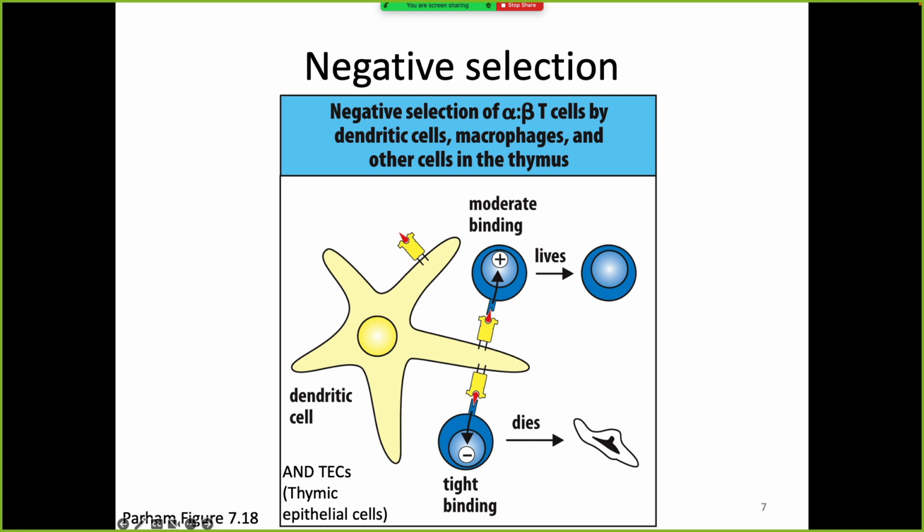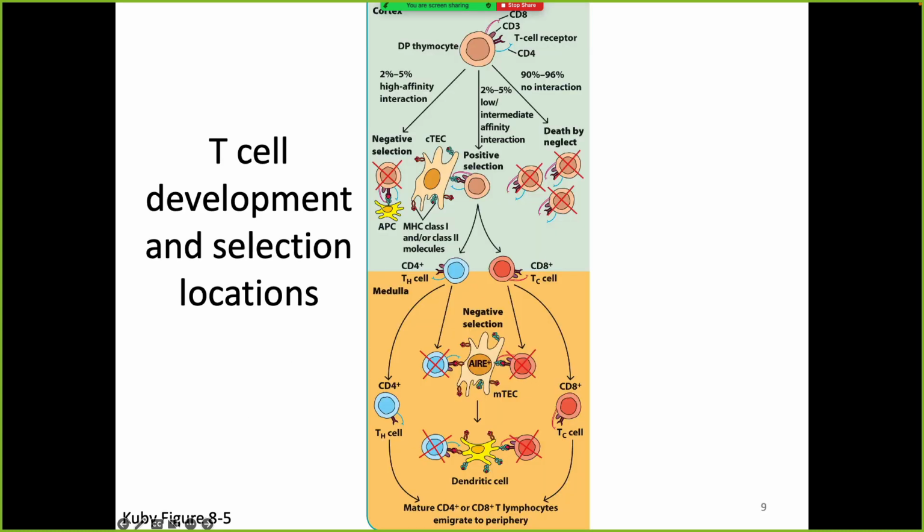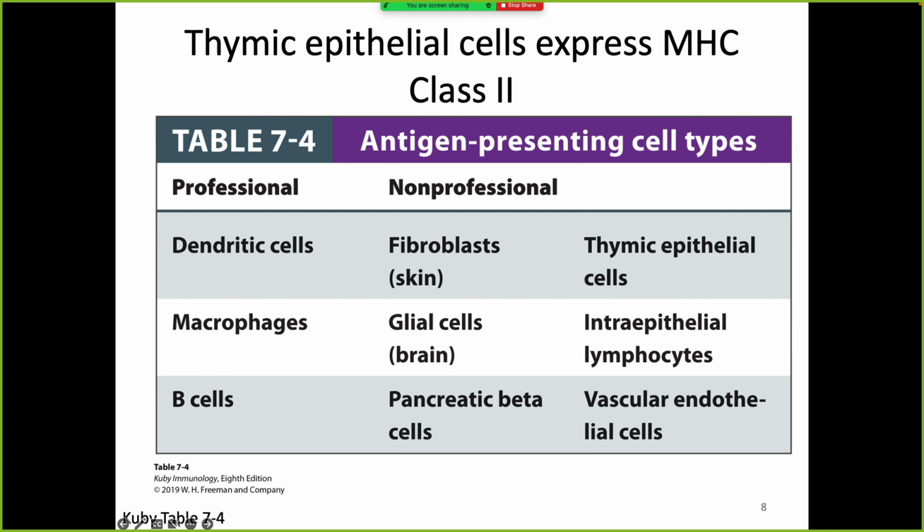In particular, as I mentioned, this is happening largely in the medulla, where we're doing this negative selection. And the structural cells of the medulla are that one outlier I told you about before that can present on MHC class 2.